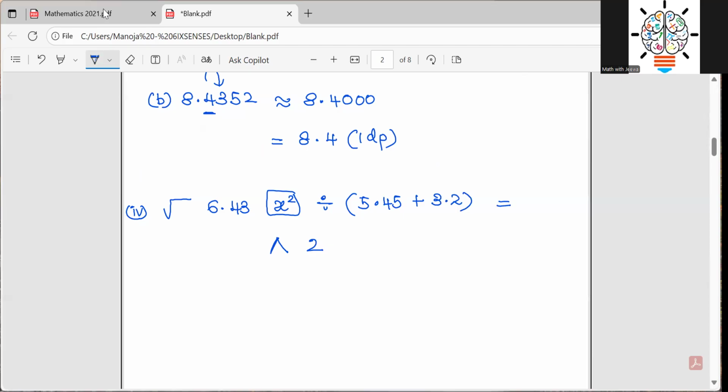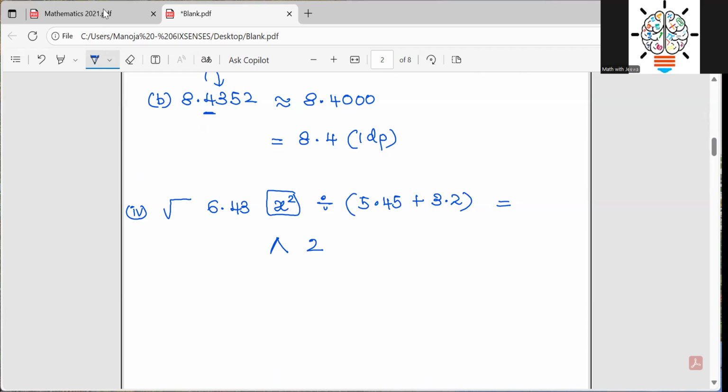You click the equal sign, and if you don't get this, then here I use the 6.43 square, right? And you divide it by 5.45 plus 3.2 and you get 4.7797.